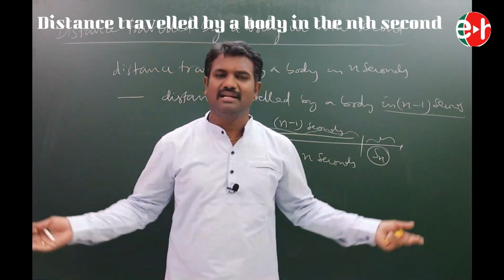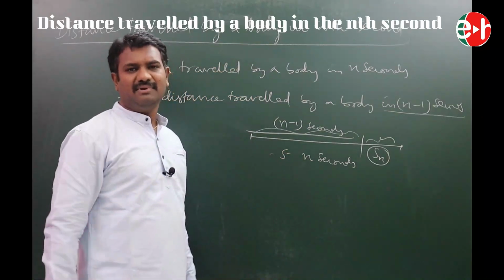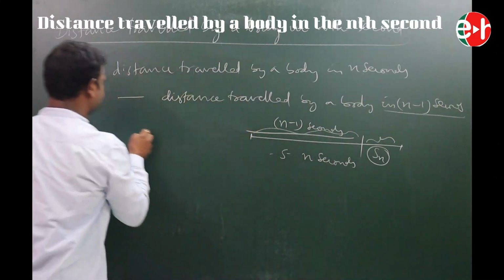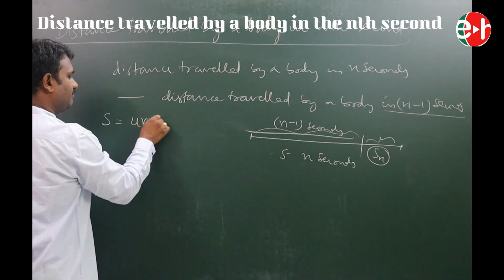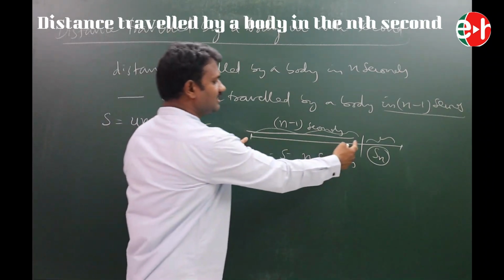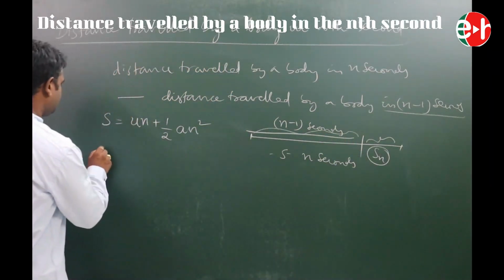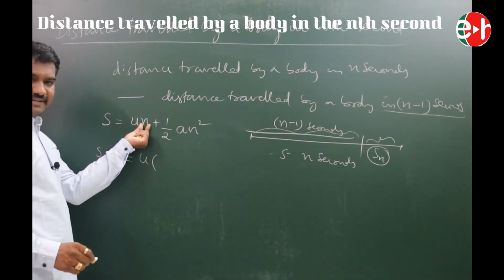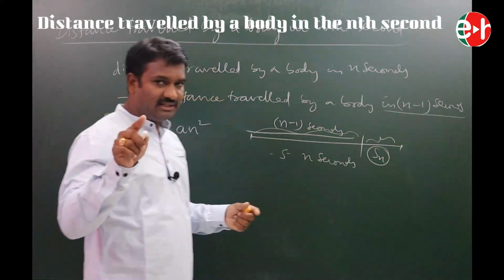This is the physics, remaining is mathematics, which you can easily understand. I am doing the mathematics here. It is very simple. Just look at it. What is the distance traveled by a body in n seconds? un plus half an square. Next, what is the distance traveled by the body in n minus 1 seconds? In n minus 1 is equal to u into, instead of time, here my time is n seconds, here my time is n minus 1 seconds.